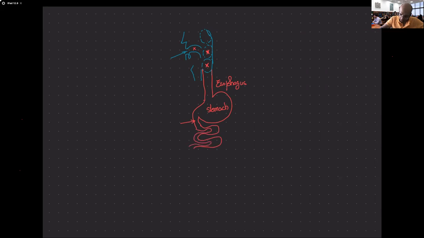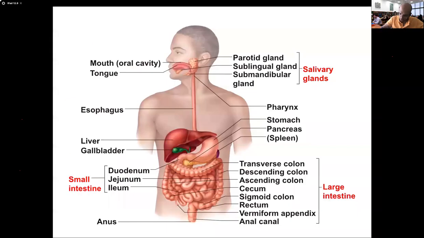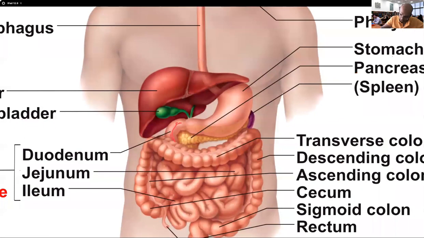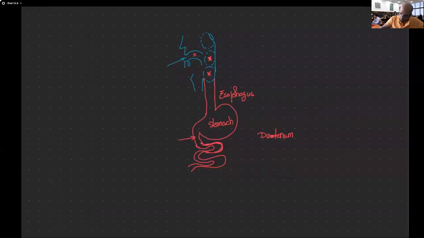And the small intestine is going to be divided into three different segments, as we're going to see today. We've got the most proximal part. This is called the duodenum. So you see on here, this C-shaped part is my duodenum. Next is going to be the jejunum.